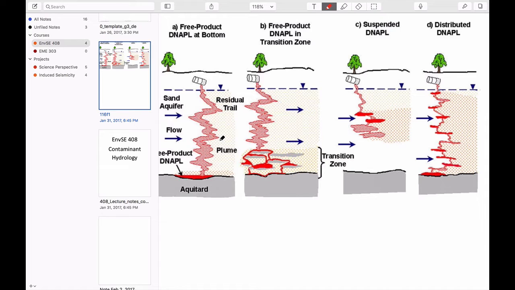Usually for most of the stuff that we've done, we've dealt with water being the wetting fluid and the non-aqueous phase liquid being the non-wetting fluid, whether it's gasoline that floats on the water table or whether it's D-NAPL that goes through it. But because of that generic way of looking at things as multiphase flow, we can also use exactly the same concepts to deal with the vadose zone where the non-wetting fluid happens to be air.